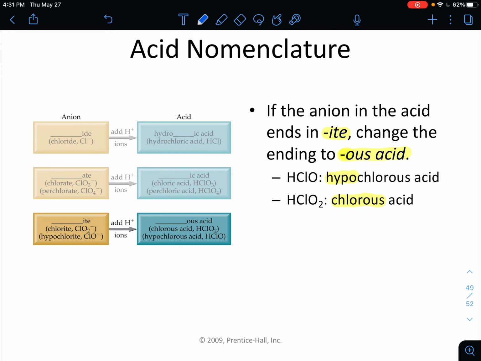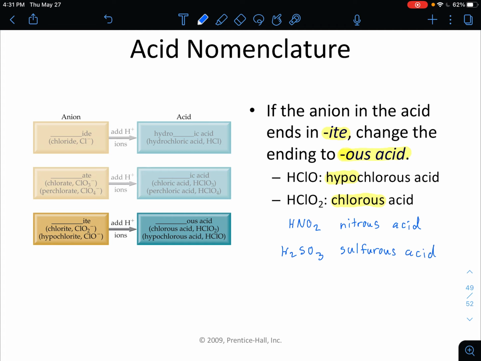So this would give me, in addition to this, hypobromous and bromous, hypoiodous and iodous acid. But then I could also have HNO2, which would be nitrous acid. That is neither laughing gas nor what you put to make your car go fast. It's just nitrous acid. We could also have H2SO3, so not sulfuric acid, but sulfurous acid.